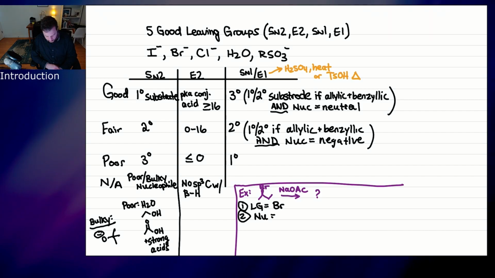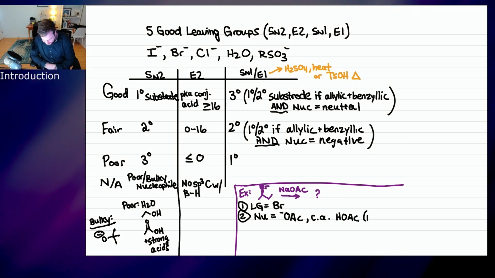The nucleophile equals acetate. We are eventually going to have to figure out what the conjugate acid of our nucleophile is, so we might as well do that now. So the conjugate acid of the nucleophile is HOAc, which is acetic acid, which is a carboxylic acid, which has pKa equals 5.